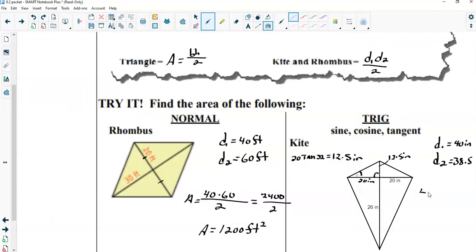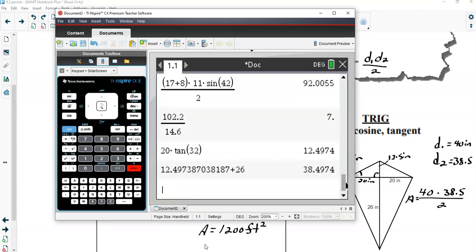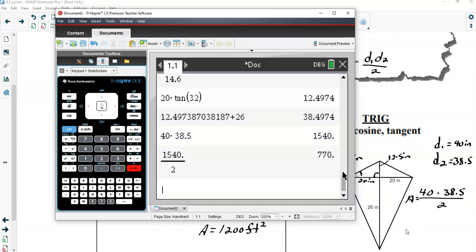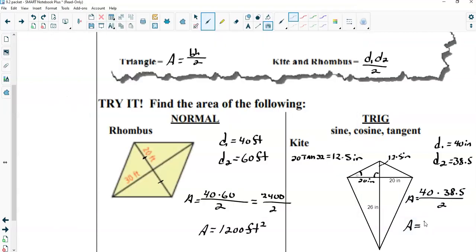So 40 times 38.5, divide that by 2, and that's going to give me my area. So let's do that. So that's 770, and that is in square inches. All right, so how did you do?